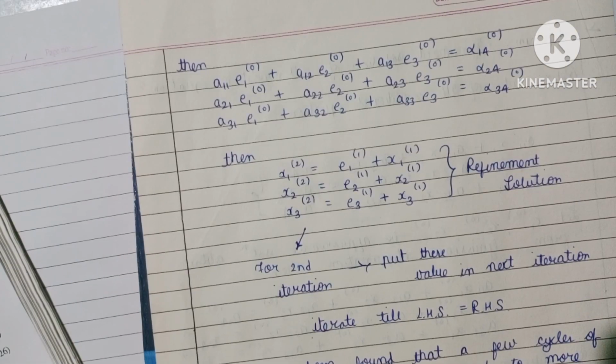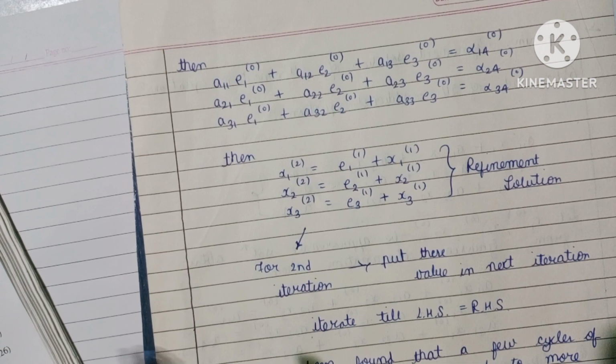Now a11 e1 of 0 plus a12 e2 of 0 plus a13 e3 of 0 equal to alpha 140. Here a11 a12 a13 are the elements of the matrix, and e1 of 0, e2 of 0, e3 of 0 are the errors which we get from the previous solution of the equation.